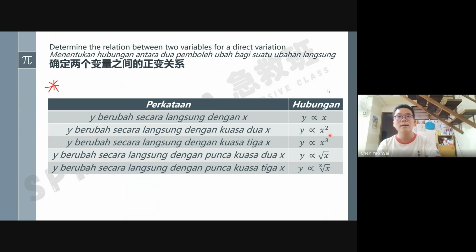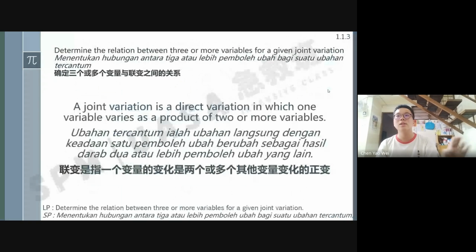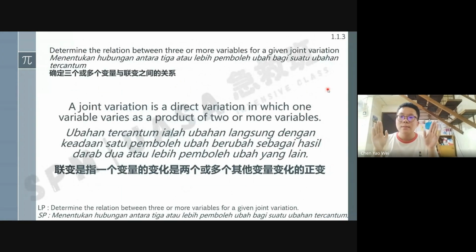You know why? Because you need to know a variation can have two variables happening at the same time, but it can also have three or more variables happening at the same time. They go up together, they go down together.